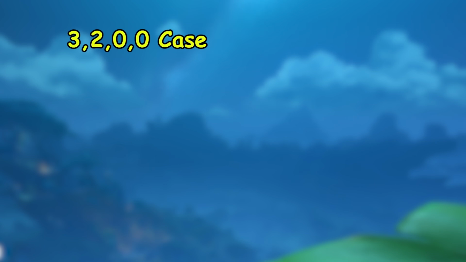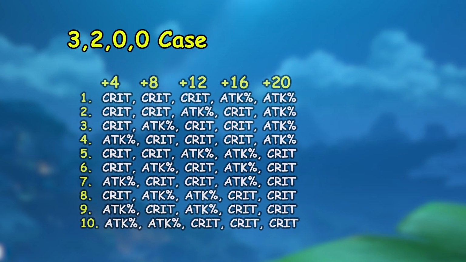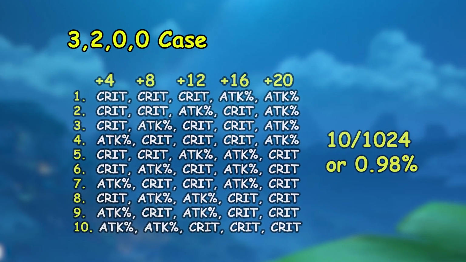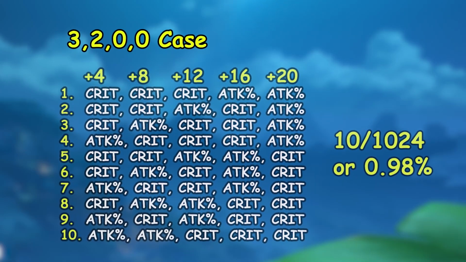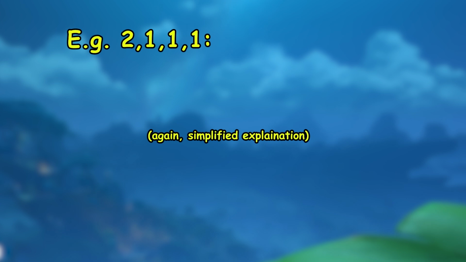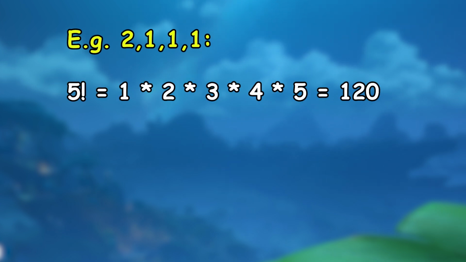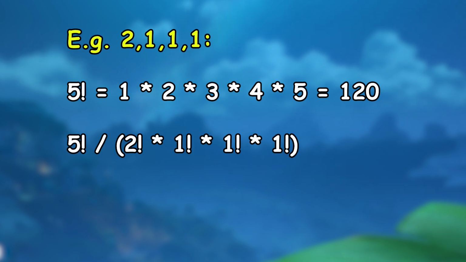For later cases, the number of permutations can start to get out of hand, but fortunately, we can determine permutations more quickly using factorials. As we now have 5 chances to roll upgrades, our numerator will be 5 factorial to account for all possible arrangements. We can calculate the probability by taking 5 factorial and dividing that by the number of rolls for each substat factorial.